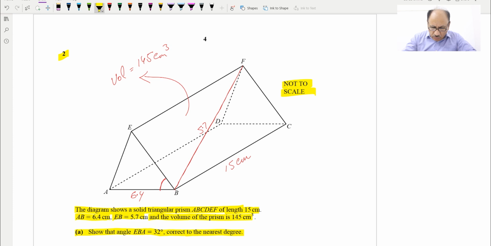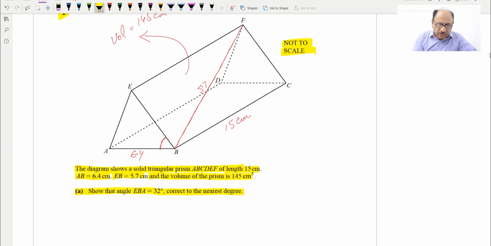So we need to calculate. Basically, volume is given, we can use the volume. Volume of a triangular prism formula is what? Volume is equal to area of triangle multiplied by length. Area of triangle will be half into AB sine C, and multiply by length, which is 15.